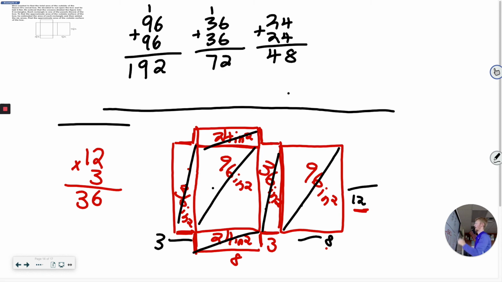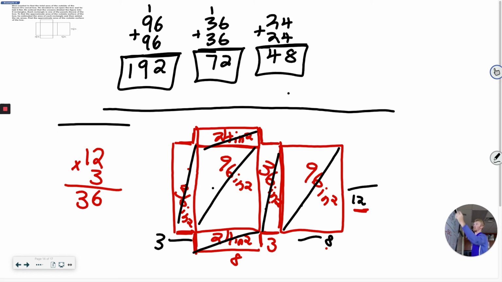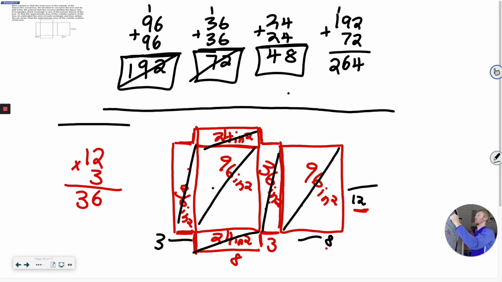4. And then I add these three numbers up. I have 192. I have 72. I have 48. So I'm going to add them all up. First I'll do 192 plus 72. Gives me 264. So those two are done. And 48 plus 264.